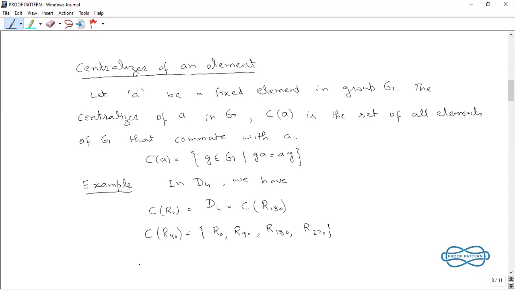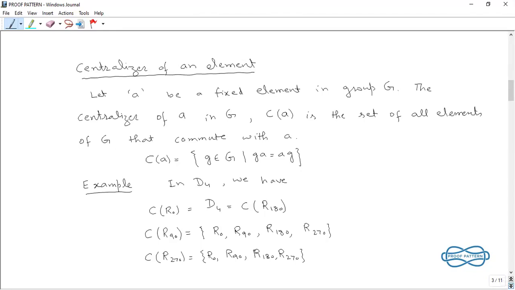And this is the same, meaning the centralizer for R270 is again the same set: the identity element, rotation with 90 degrees, rotation with 180 degrees, and rotation with 270 degrees.